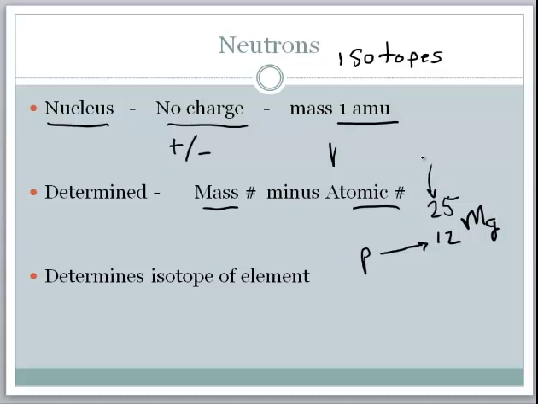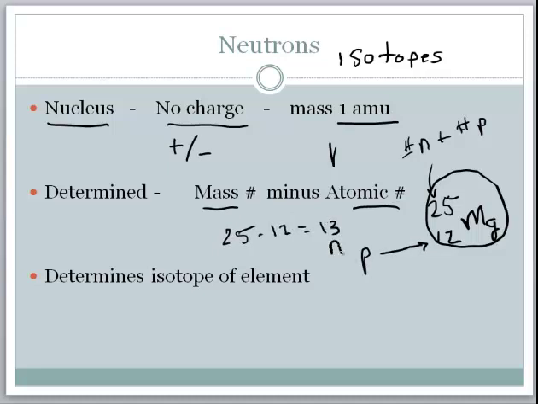The mass number is going to tell us the number of neutrons plus the number of protons. So if we wanted to know the number of neutrons in this particular atom, we would take 25 minus 12 equals 13. So there's 13 neutrons in that atom.